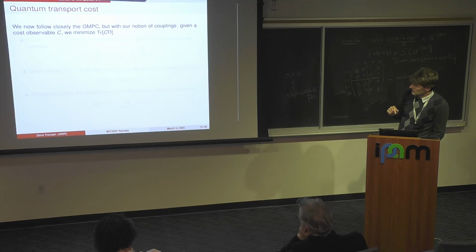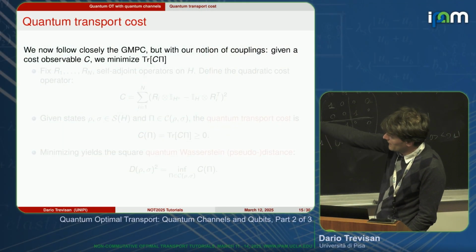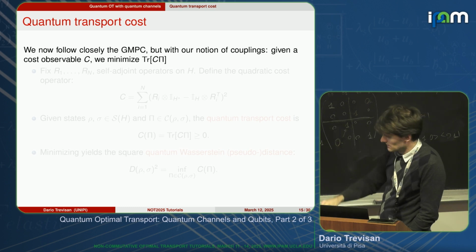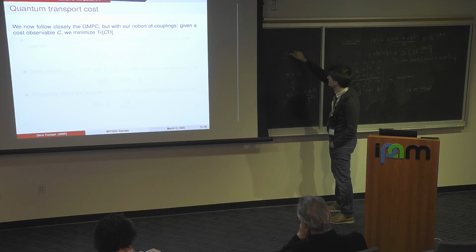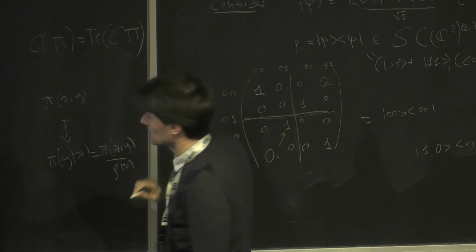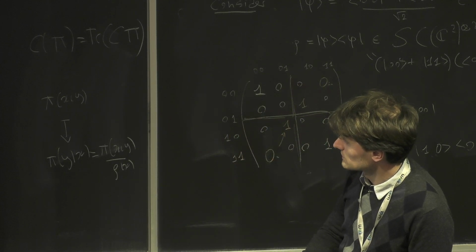So given a cost observable C, which may be a sum of squares, and actually this is what we're going to fix, but maybe other things given the application one has in mind, you define the transport cost. Sometimes I write it also as C of pi, which is simply the trace of C pi. Okay, the observable. We're always in finite dimensions, so no problem to define this quantity here.